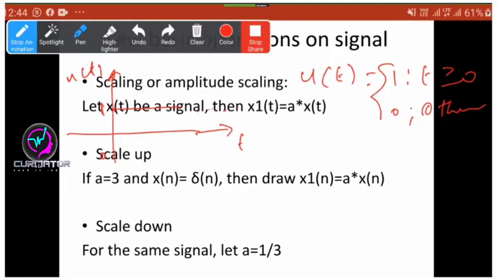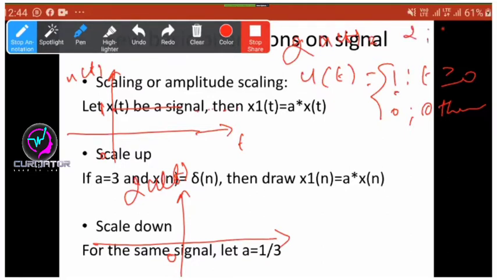Now let us plot a graph for 2 into u of t. If I multiply 2 on both sides of this, what will we get? 2 into u of t is equal to, I can multiply 2 here too, so it will become 2 for t greater than or equal to 0 and 0 otherwise.